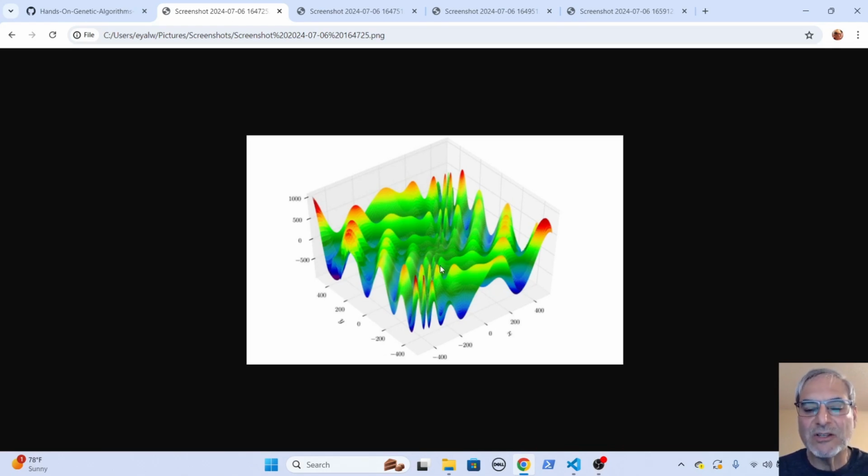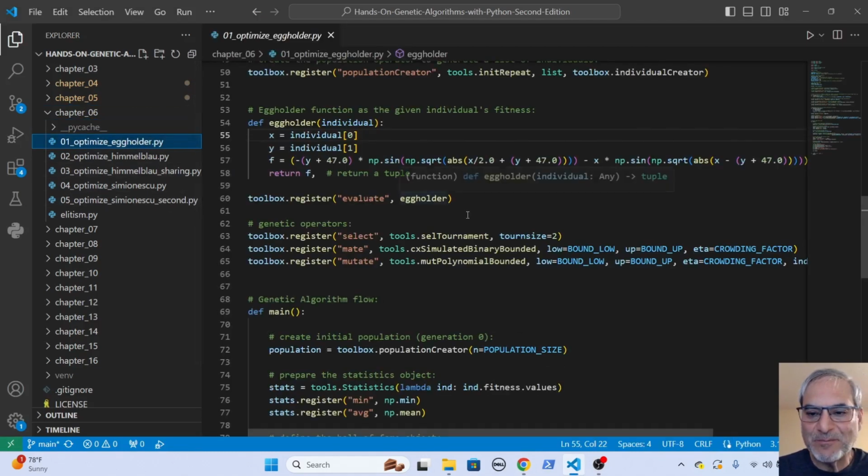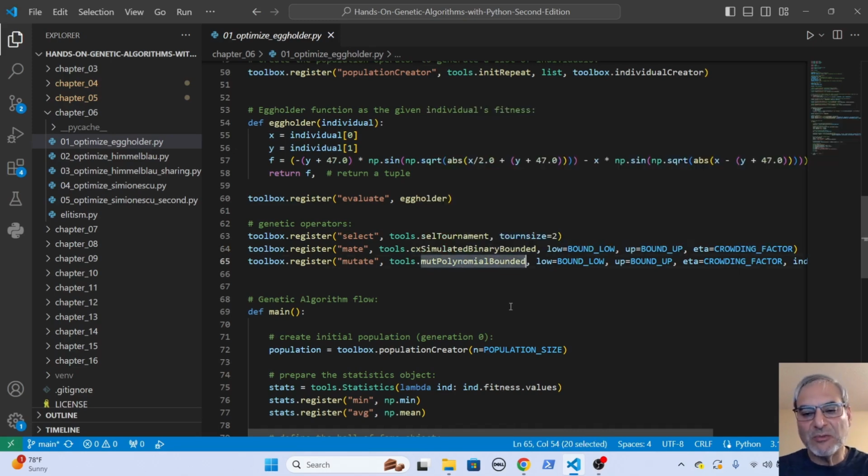We are going to look for the global minimum point, which is hiding somewhere there within a certain range of 512 by 512. And to do that, we use a genetic algorithm with specialized operations that are meant for floating point operations, and the individuals are made of floating point real numbers.